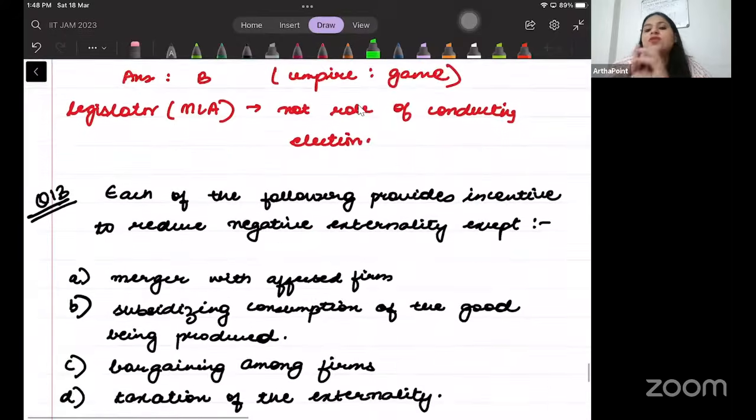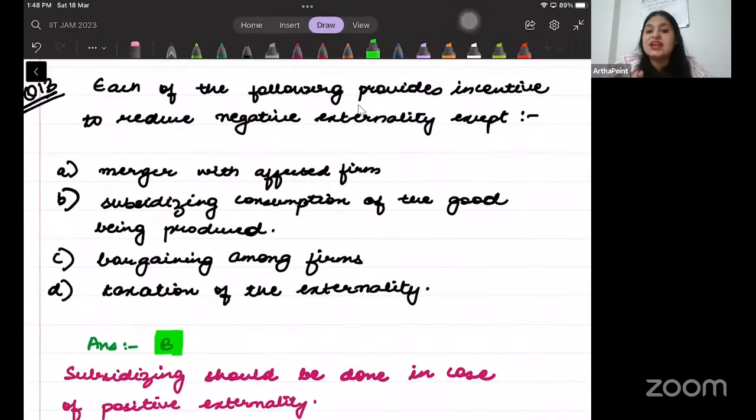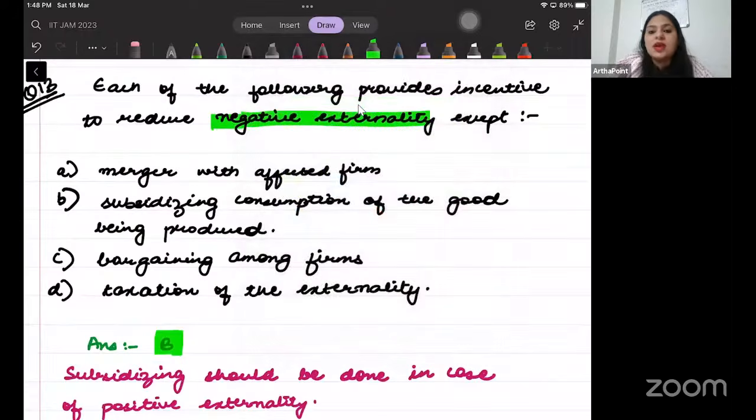Come to the next question. It says each of the following provides incentive to reduce negative externality except. So how do you remove a negative externality? Only when you have taxation involved, or merger, or property rights, isn't it?